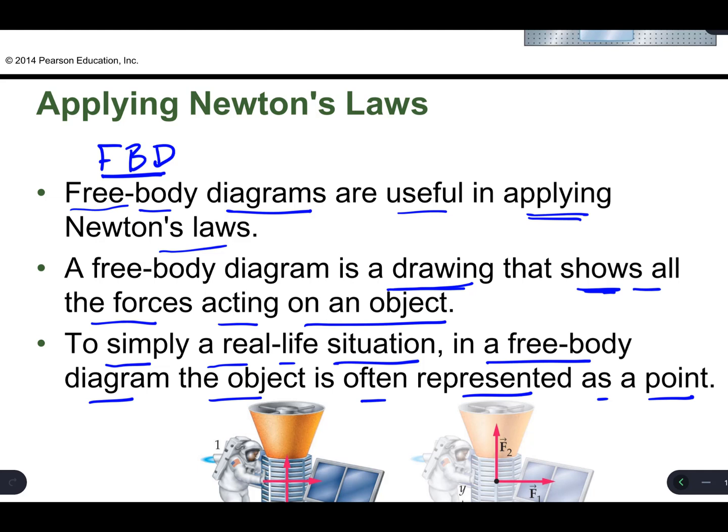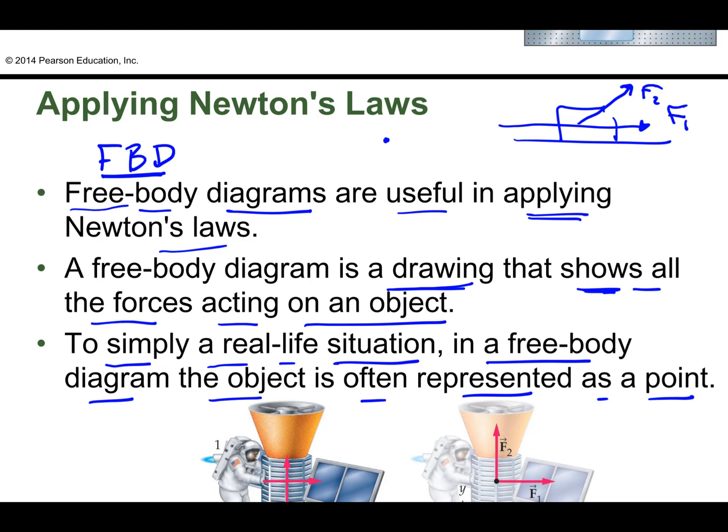Imagine that you have a box here and you apply a force F1 on the box, and another person applies F2 on the same box. So instead of drawing the box, we draw only a point to represent the object.